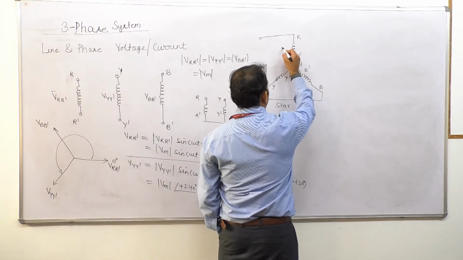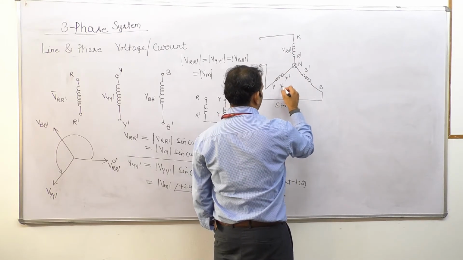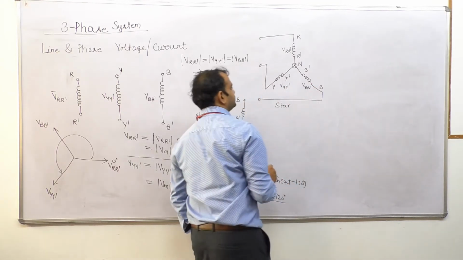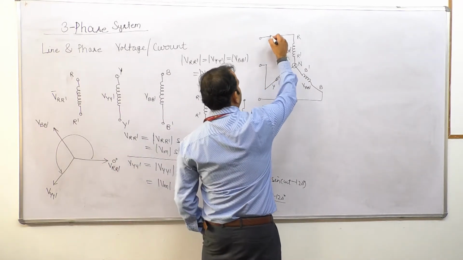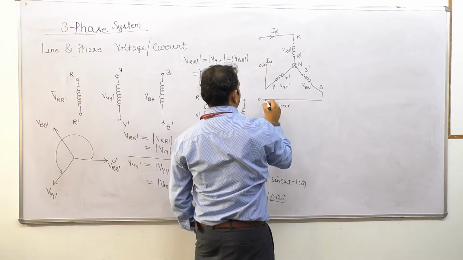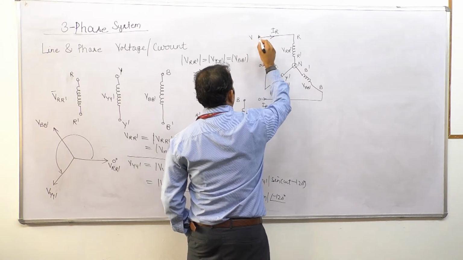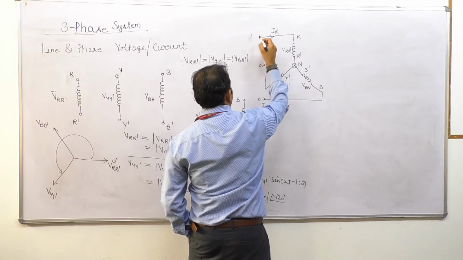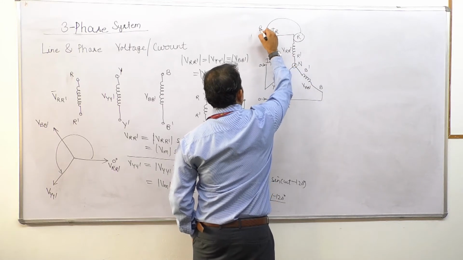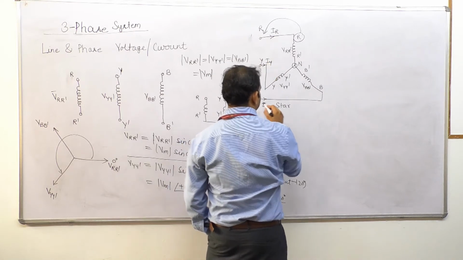So this is the voltage across R dash, V R dash, this is Y dash, and this is B dash, and the currents, let us say this is IR, this is IY, and this is IB. And the voltage across these two lines, let us say this is R point, this is Y point, and this is B point.